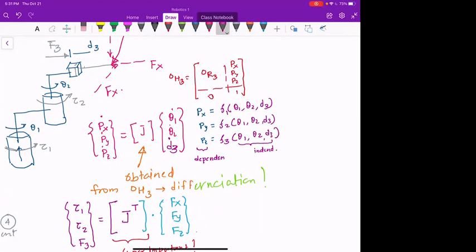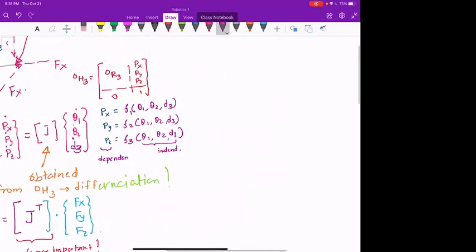So what I'm saying is at this stage, you can find out the derivative Px dot, derivative of Py dot, and derivative of Pz dot. And the derivative of Px dot is going to look like something like this.